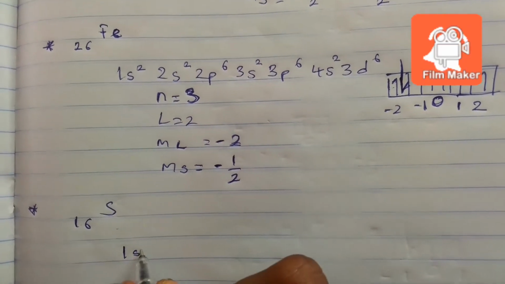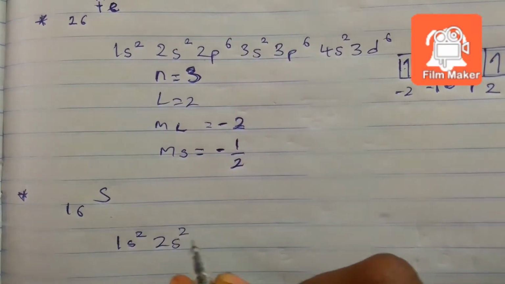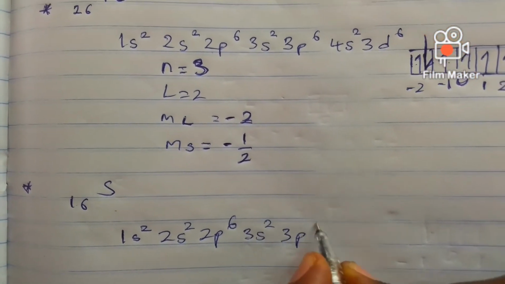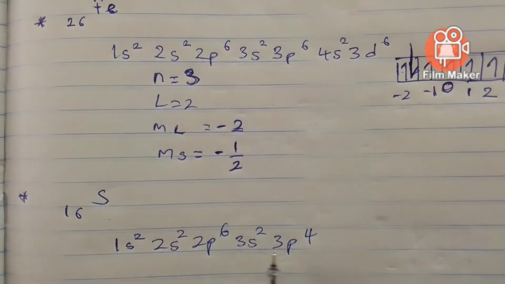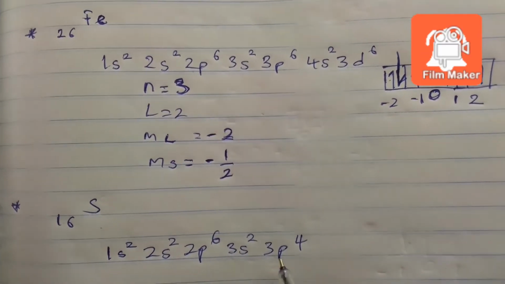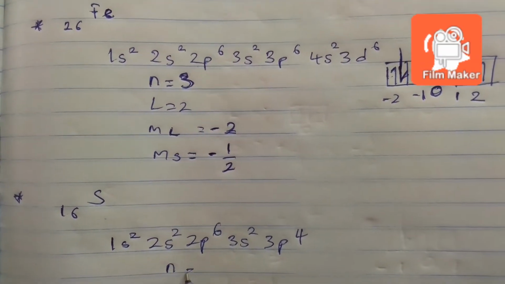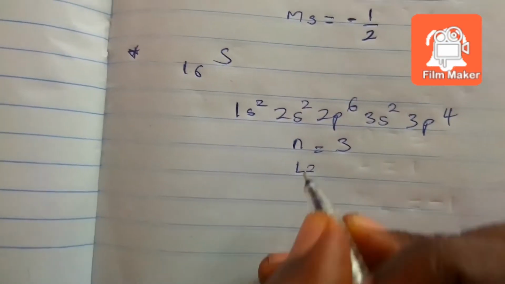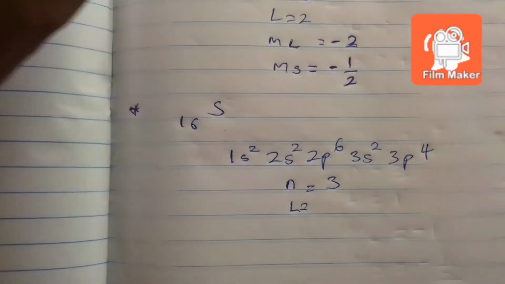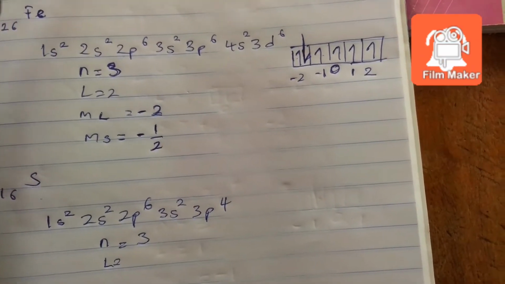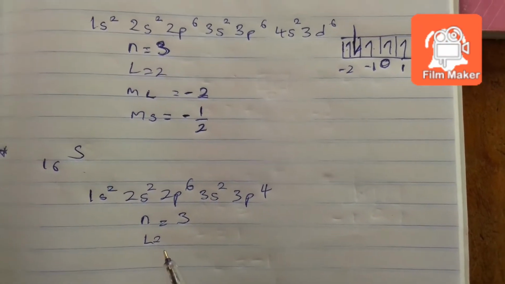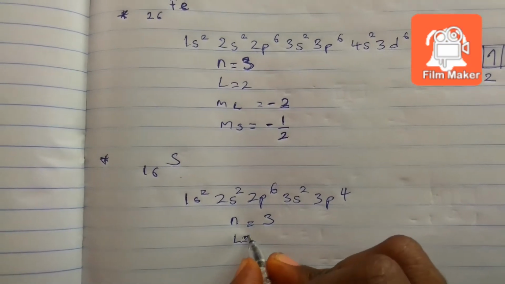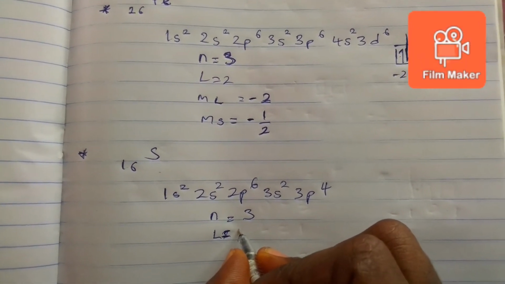So let's write the electronic configuration. So this is 16 already. This one ends with P, and what is the coefficient of P there? It is 3. According to what we follow here, when an element ends with D block, the L will be 2, as we have said earlier.